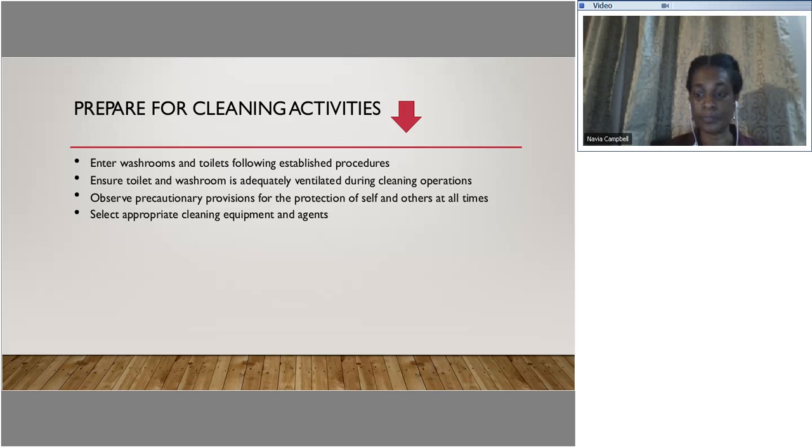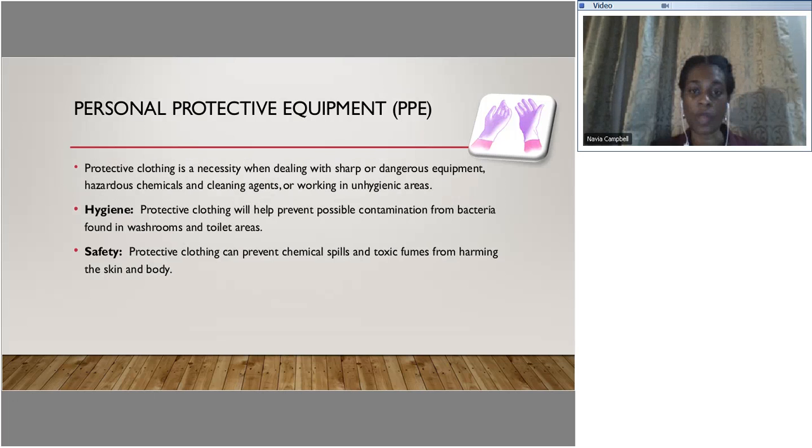Personal protective equipment, otherwise known as PPE, is protective clothing that is necessary in dealing with sharp or dangerous objects, hazardous chemicals, cleaning agents, or working in unhygienic areas.